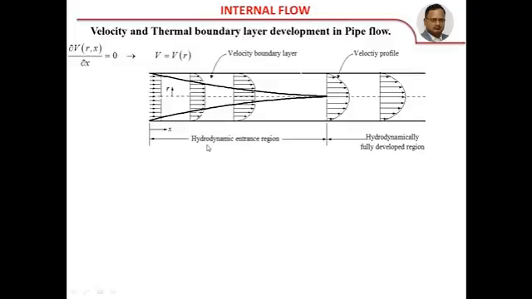That distance up to which there is a variation in velocity profile is known as entrance length, or more technically hydrodynamic entrance region. Beyond this hydrodynamic entrance region, the boundary is fully developed, and then we say the flow is a fully developed flow, hydrodynamically fully developed region.